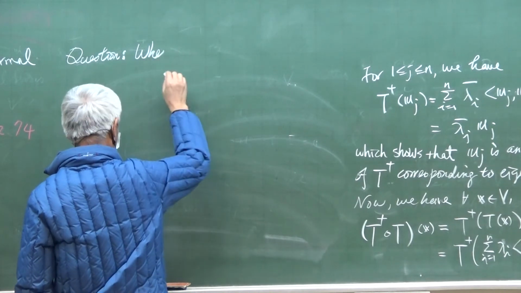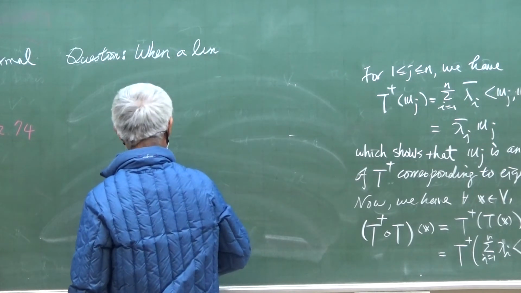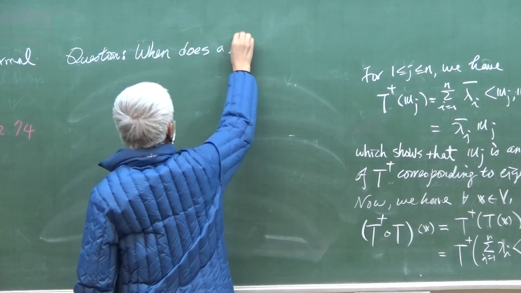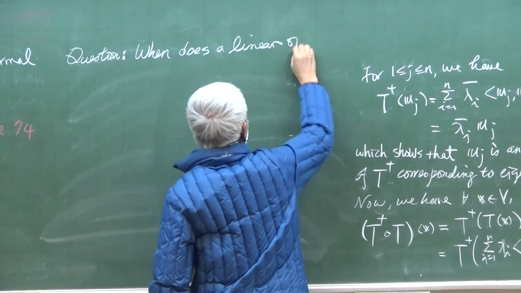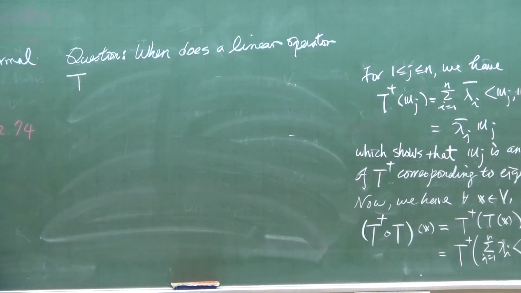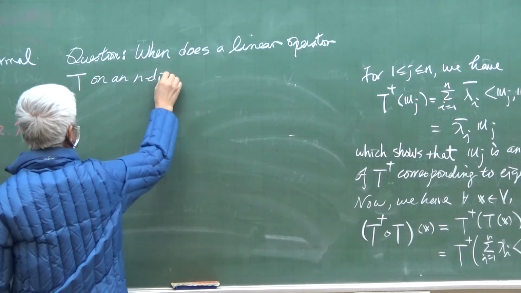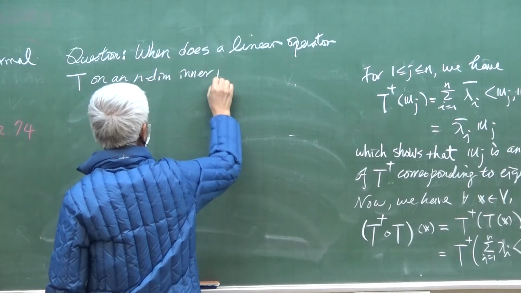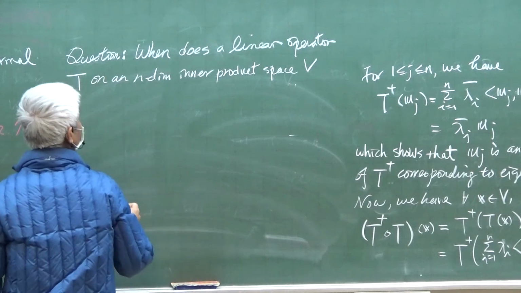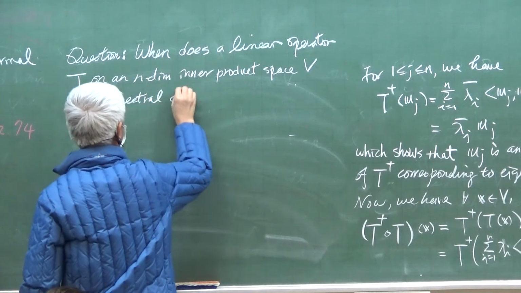When does a linear operator T on an n-dimensional inner product space have spectral decomposition?